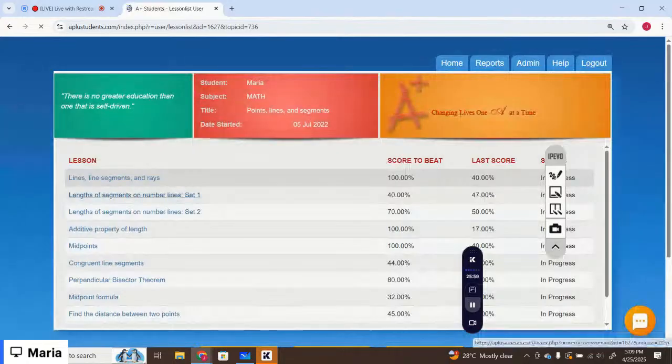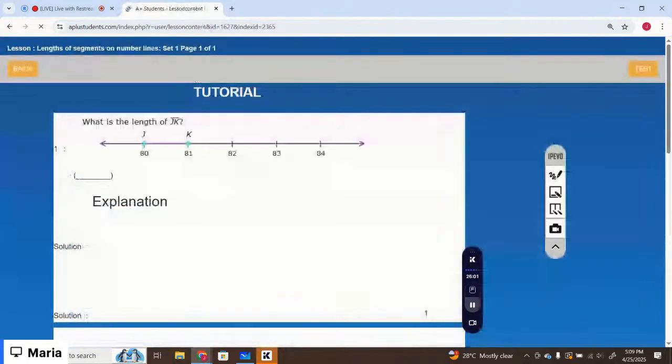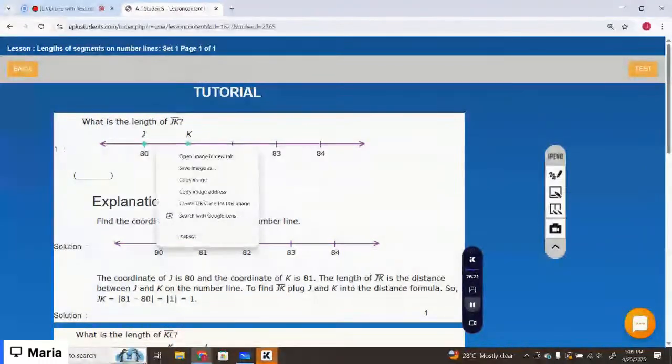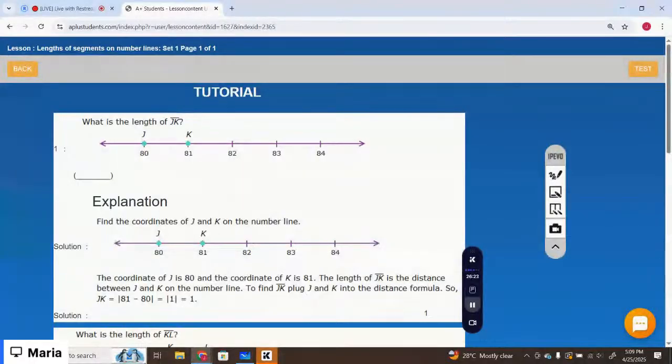Okay, the next lesson is length of the segments on number line set 1. What is the length of JK? The point J has the coordinate 80 and K has the coordinate 81.